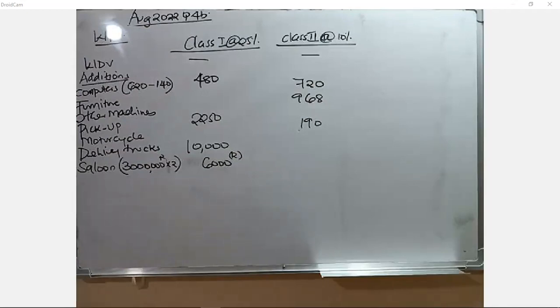In October 2021, one saloon car was involved in an accident. The insurance company was able to compensate us with 2 million. I'll be able to come back there. Now, in November 2021, a pickup vehicle was traded with a new delivery van. So in this case, our delivery van is costing how much? Delivery van, 3 million.